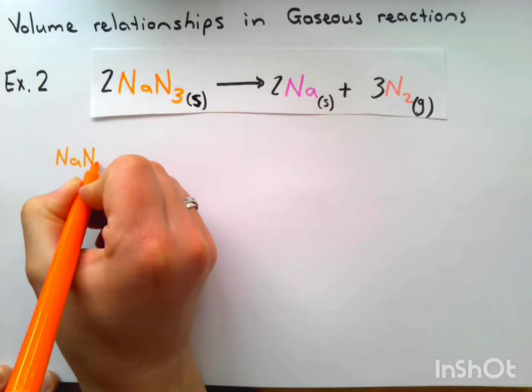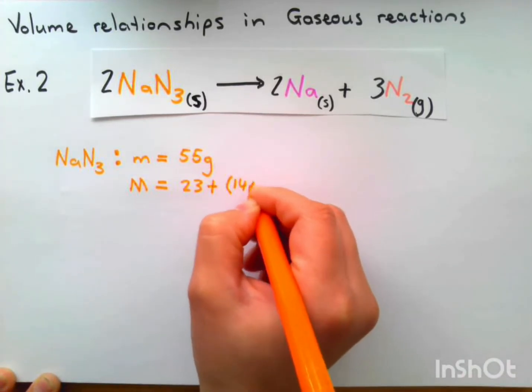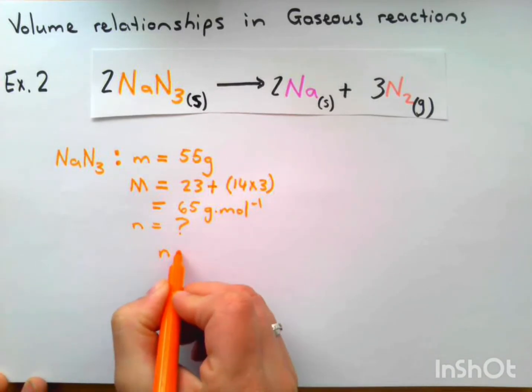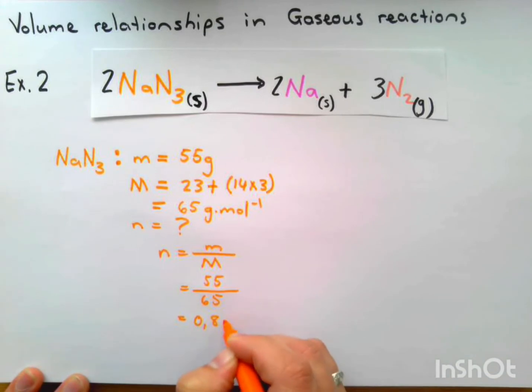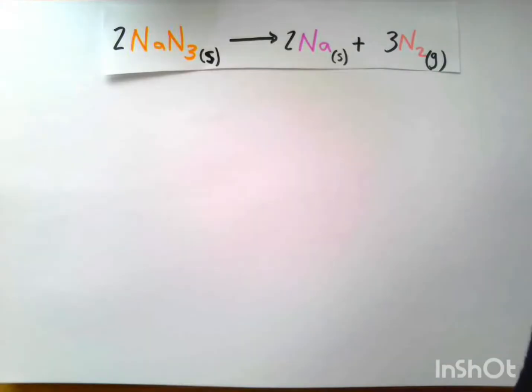So we write down our balanced chemical equation, and they give us the mass of the sodium azide as 55 grams. Then we determine our molar mass as 65 grams per mole. We substitute those values into our mole equation and get 0,85 mole of sodium azide.